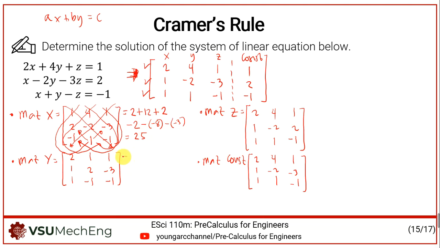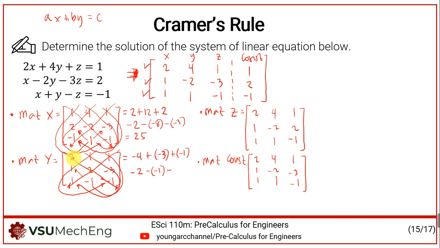Okay, now let's proceed to matrix Y. So we have 2 times 2 is 4 times negative 1, that's negative 4. Then plus 1 times negative 3 is negative 3 times 1, that's negative 3. Then 1 times negative 1 is negative 1 times 1, that's negative 1, so plus negative 1. Then the opposite diagonal, 1 times 2 times 1, that's minus 2. 1 times 1 is 1 times negative 1, so that's minus negative 1.